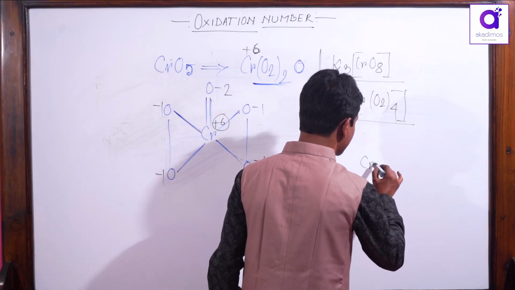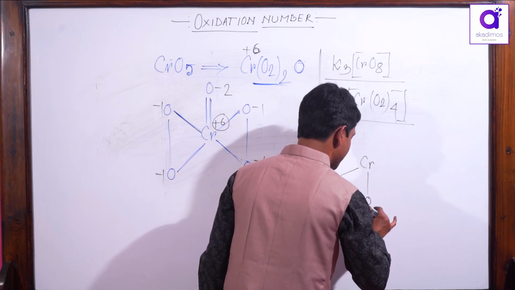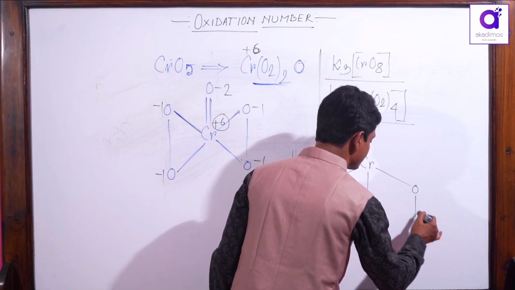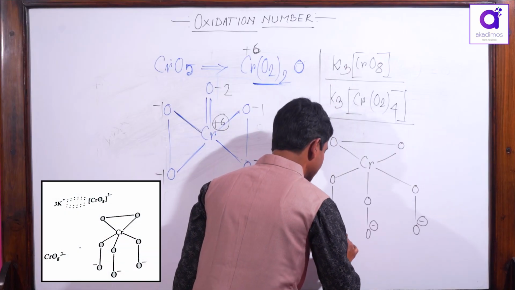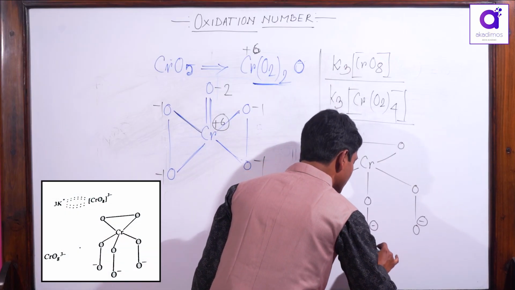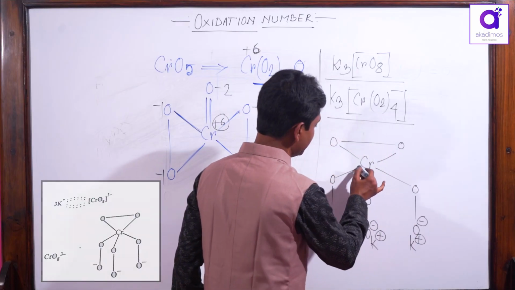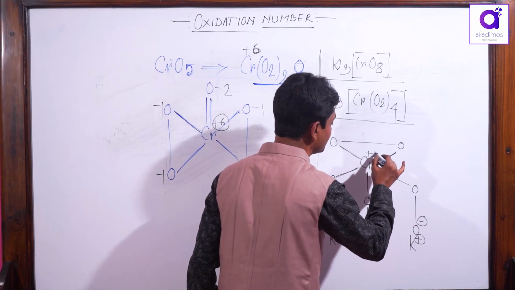If I draw the structure, see, it's a structure like this. It is a very special compound of chromium. Here the counter ion is K plus. And see, 1, 2, 3, 4, 5 bonds with more electronegative atoms.